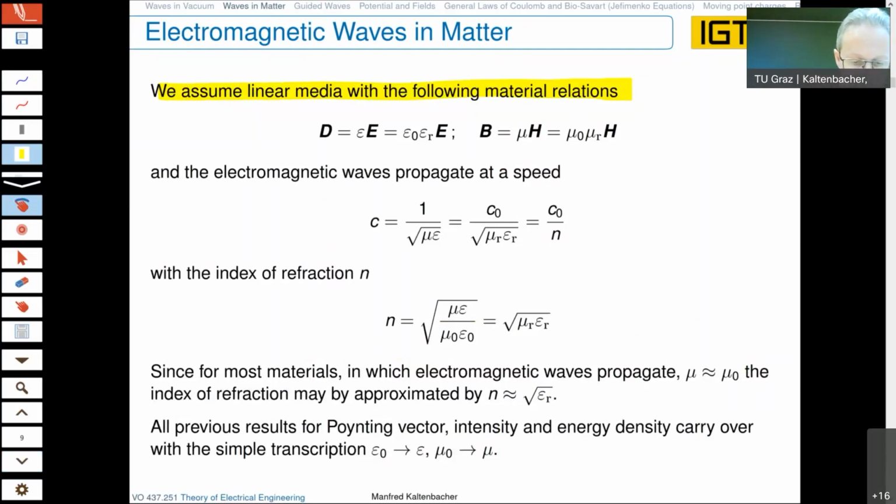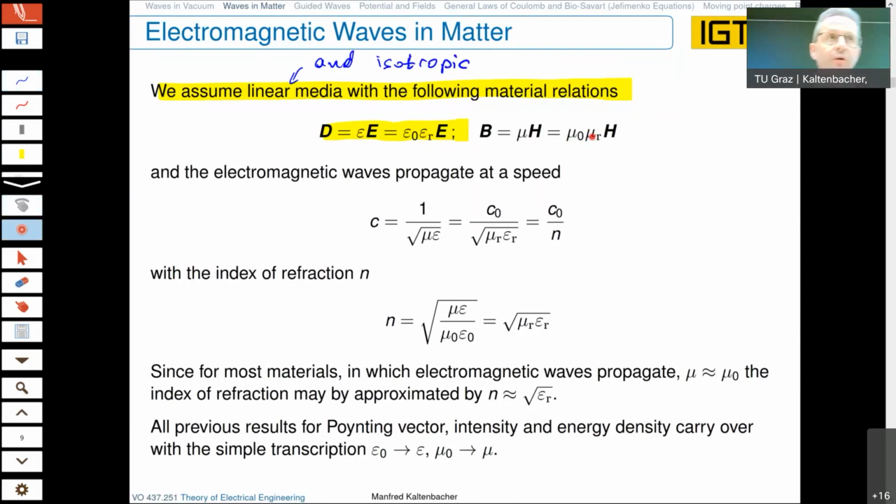When we are in any linear, isotropic media, we have this constitutive equation, which is then expressed here by the relative permittivity and the relative permeability. Then nothing actually will change.